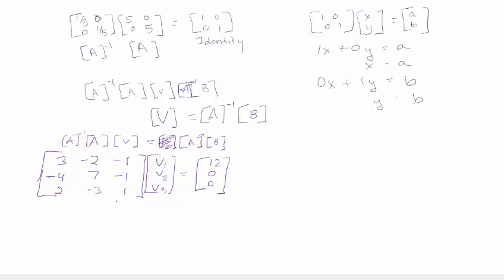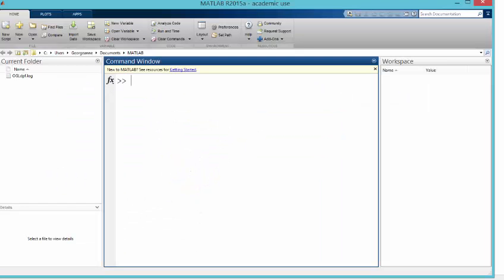So I'm going to use Mathematica. This is Mathematica. I hope you get Mathematica. This command window is where you can do real-time calculations, and I'm going to call my matrix A equals, and this is how you put in a matrix in MATLAB. 3 space minus 2 space minus 1.